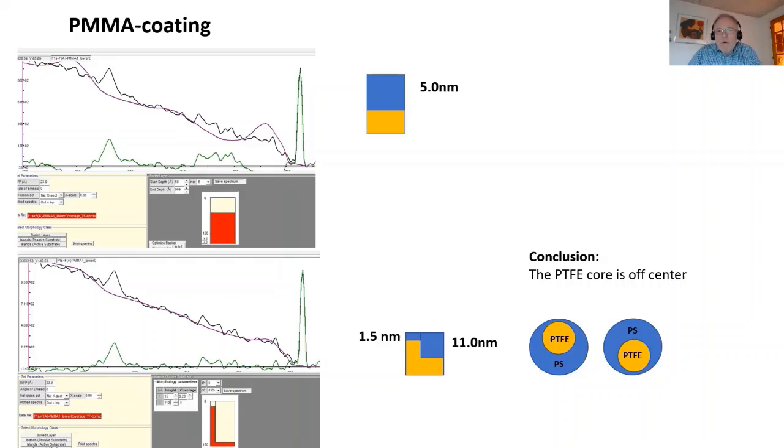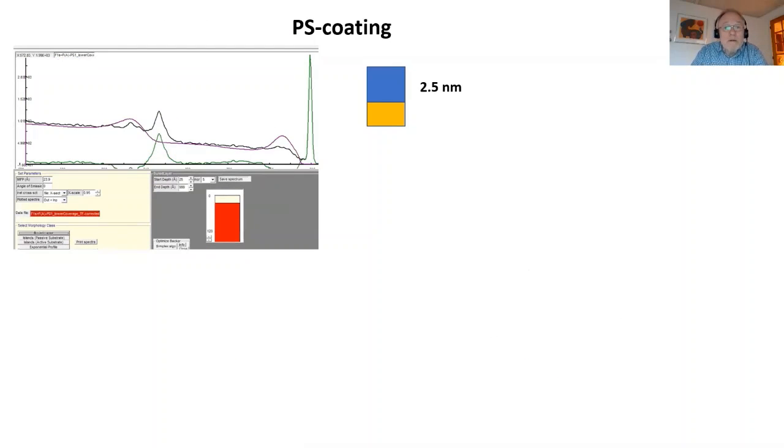The core is off center, and since we're looking at nanoparticles of all orientations, some of them will be oriented like this, and here we'll see the small thickness, and some of them will be oriented like that, and here we see the larger thickness. So this is the determined structure of the coated nanoparticle.